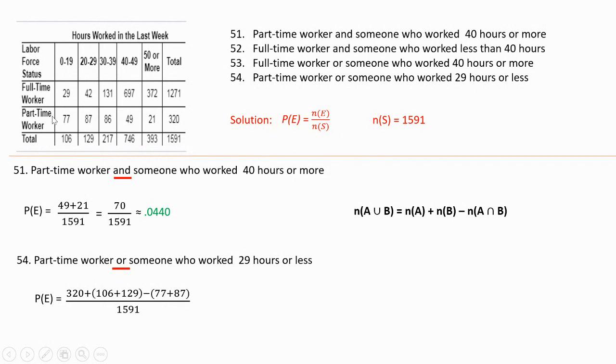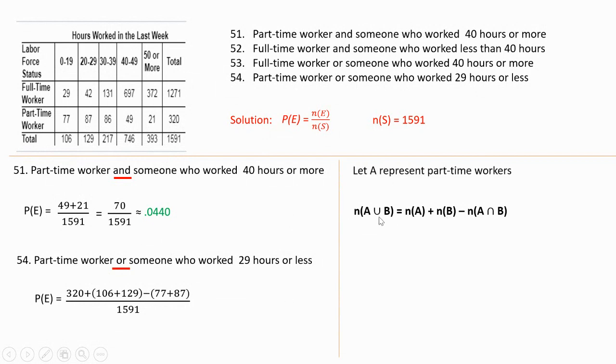So the 320 came from the total part-time workers. And who work 20 hours or less will be, this is 29 hours, another way, because they work from 0 to 29 hours. So it's going to be these two here. But the 77 and the 87, they were already counted on the 320. That's why it's going to be 320 plus 106 plus 129 minus these two, because they were already counted before with the 320.